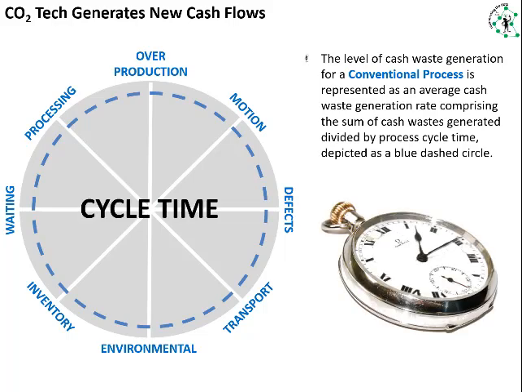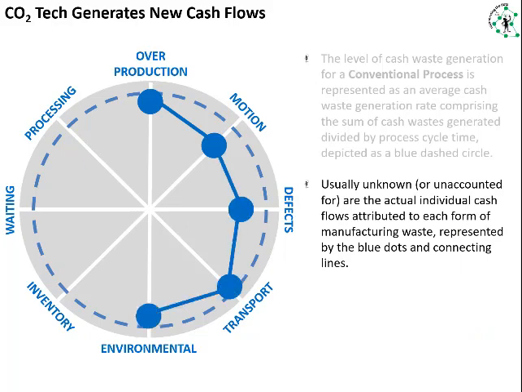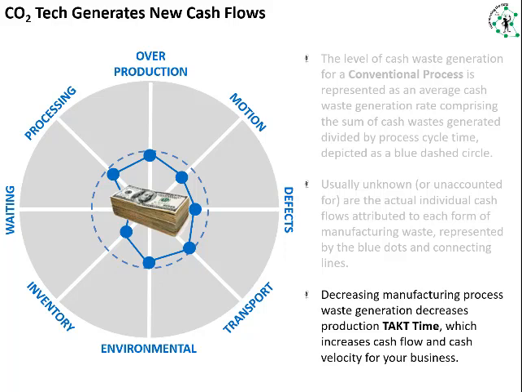This comprises the sum of the cash wastes generated divided by process cycle time. This is depicted as a blue dashed circle. Usually unknown or unaccounted for are the actual individual cash flows attributed to each form of manufacturing waste, represented by the blue dots and connecting lines. Decreasing manufacturing process waste generation decreases production takt time, which increases cash flow and cash velocity for your business.